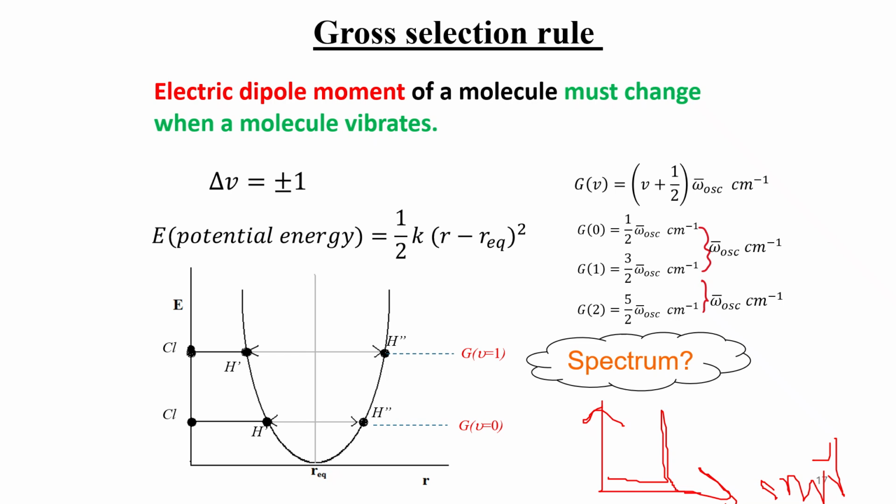Then at this position, the value is the vibrational frequency, omega OSC, the oscillation frequency. It will not tell you which level the transition arises from and to, because all the transitions will occur with the same amount of energy according to this simple harmonic oscillator model.